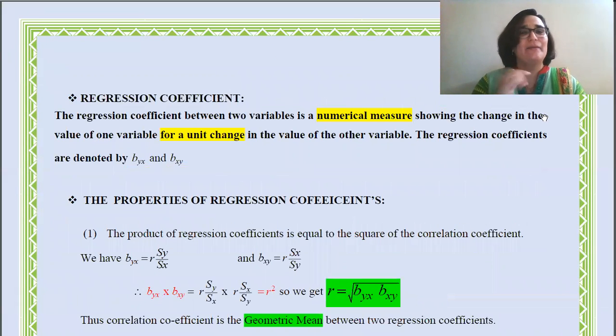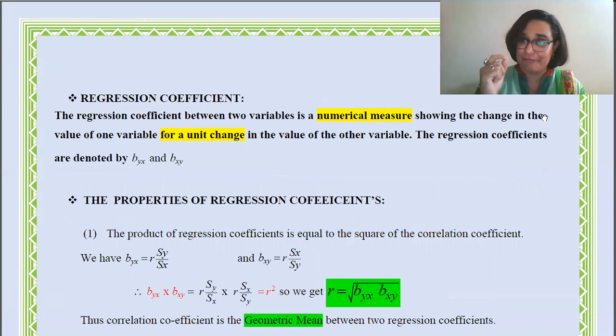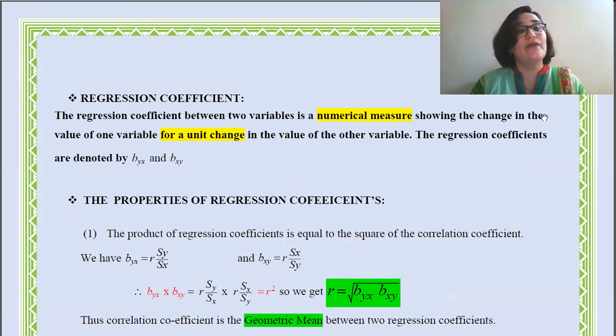All right, coming on to what are the regression coefficients? You remember byx and bxy perfectly. They are known as regression coefficients. Let's quickly look at the technical definition. The regression coefficients between two variables, what are they? See the yellow highlight.